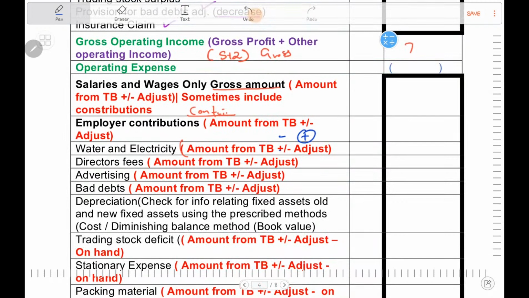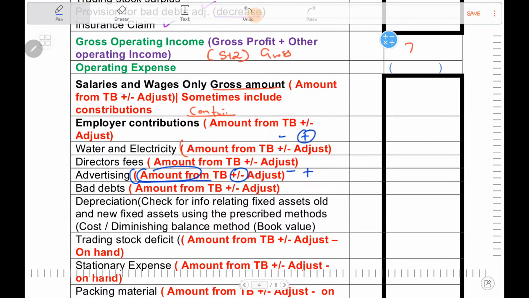Nowadays they are bringing it as if it's a rent. They are talking about percentage increases and so on, so you are going to treat it the same way as rent. So the first step, we open the bracket, plug in the amount from the trial balance, then adjust it accordingly. It can either be increased or decreased.